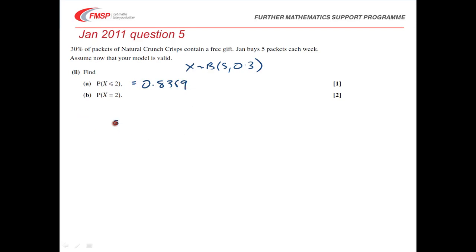So the formula was 5 choose 2, p to the power of 2, q to the power of 3. And if we calculate that, it's going to give me a value of 0.3087. So you get 2 marks, one for the formula and one for the answer at the end.